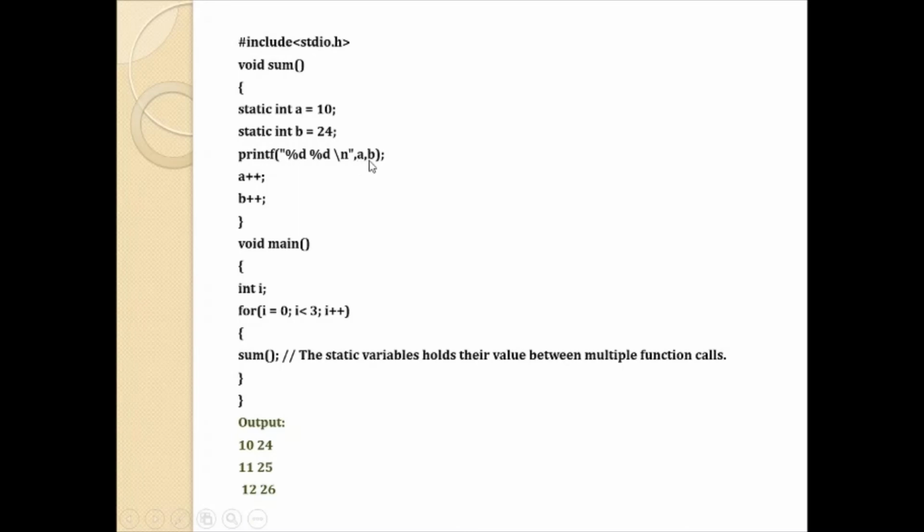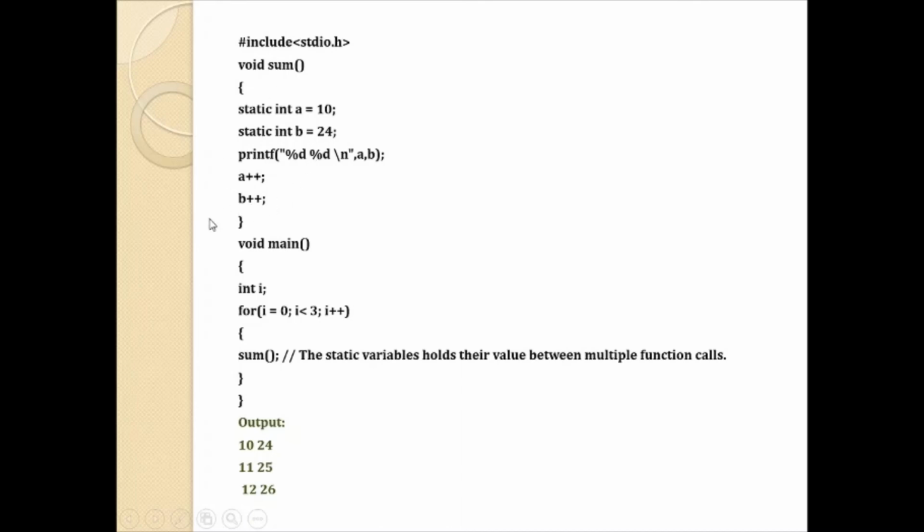We incremented them in the previous iteration, so they hold those values. Now the current value of a and b is 11 and 25. Again we are incrementing a and b. Now the value of a is 12 and b is 26.